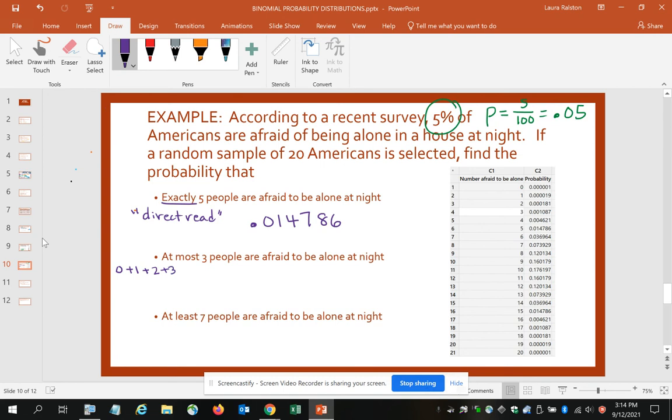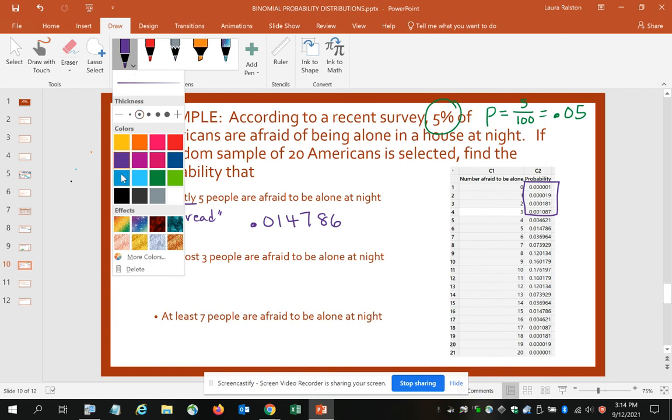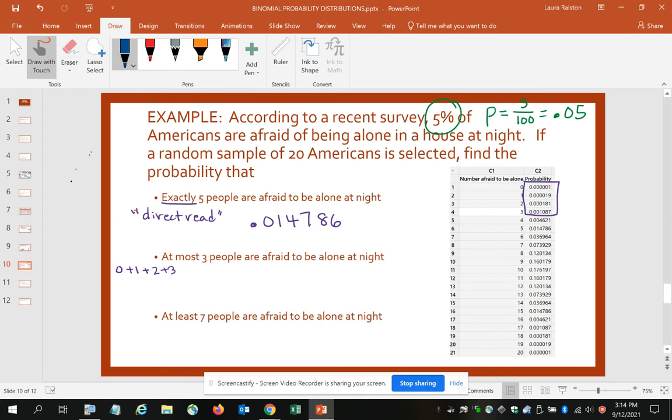Okay, so I would take the answers that I got here from 0, 1, 2, 3, and I would add them together. And again, I can use my calculator to do that on my handheld calculator. I just need to be extra careful about typing the numbers in.